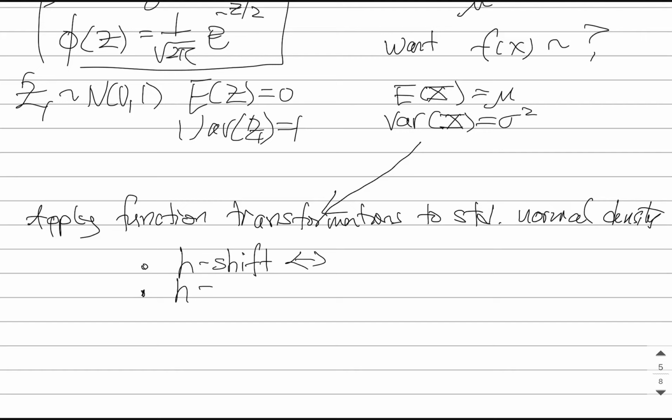We're going to want to apply a horizontal stretch. The horizontal shift that we apply will allow us to center it at mu. Any horizontal stretch that we apply will allow us to get the correct spread of sigma.